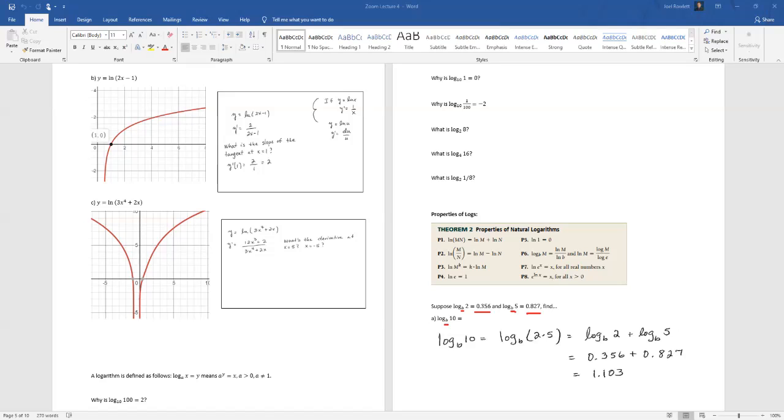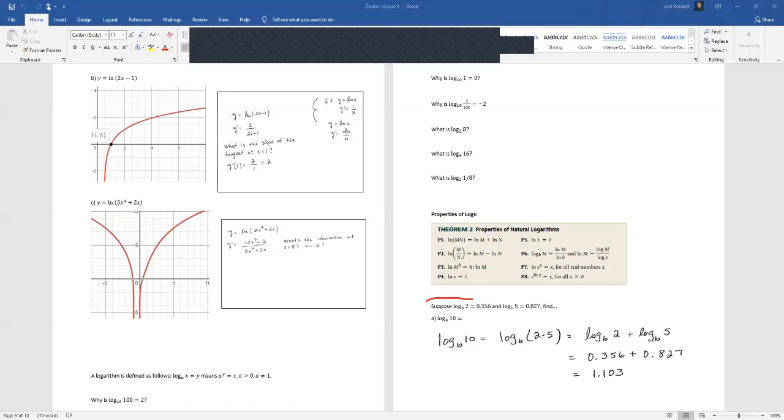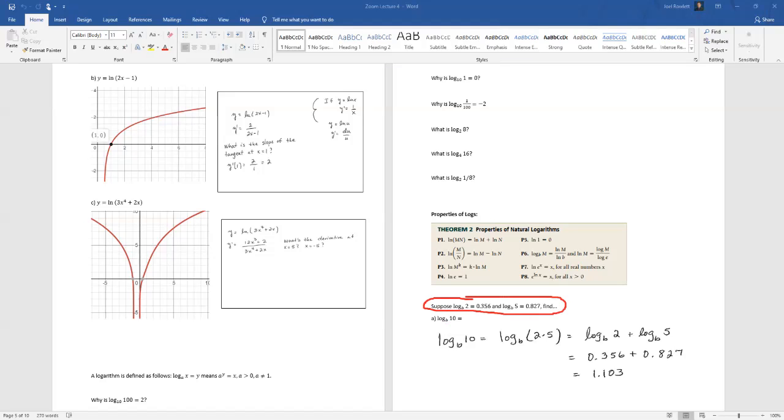Well, the only information that I have to work with is this information here. So what would be log base b of 10? Well, if the only information I have is what's circled in red, I'm going to have to say that 10 is the same thing as 2 times 5. And thanks to property 1 here, I know that if I have the log of a product, I can write it as a sum of the two logs in this manner.